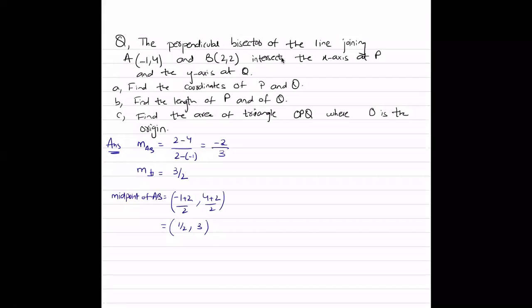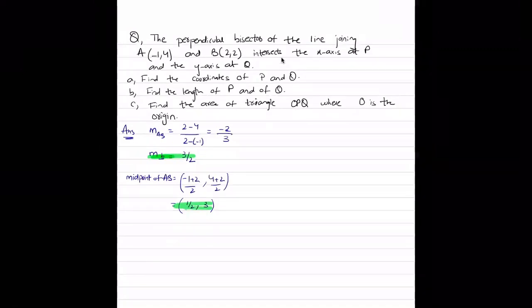Now, we first found the gradient of AB, then the gradient of the perpendicular bisector of AB, and then we found the midpoint of AB. Using the gradient and the midpoint, I can find the equation of the perpendicular bisector.